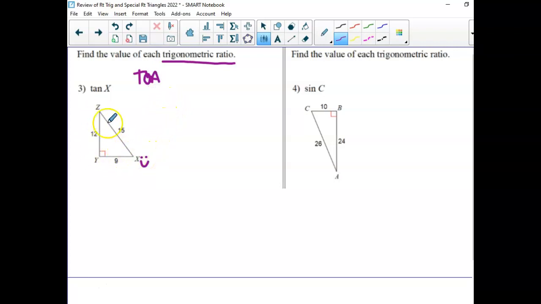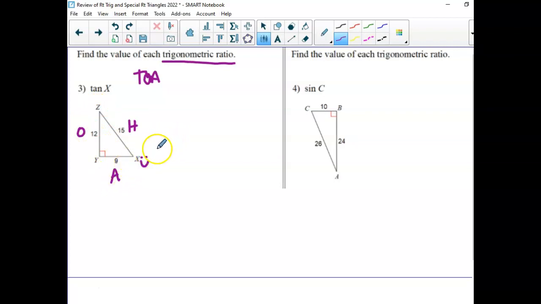So in this triangle, 15 is the hypotenuse. From X, this side over here is opposite, and this side is adjacent. Everybody okay? It matters where you're standing for the opposite and adjacent. If I were to move to Z, then opposite and adjacent would switch.